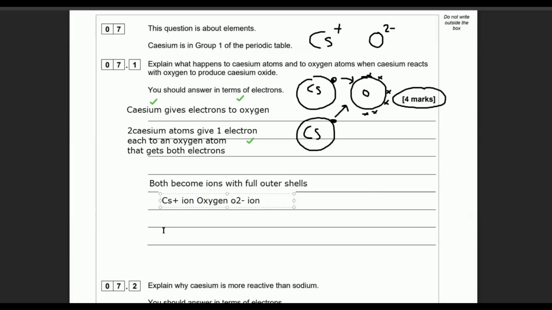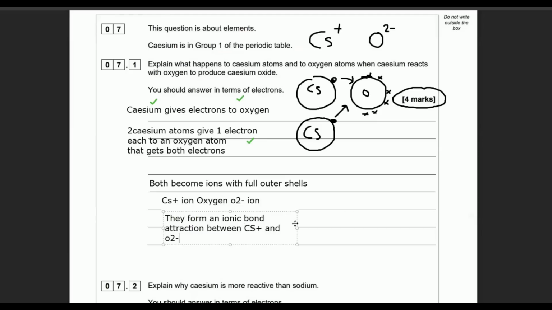So I'm giving you the ionic charges. They form an ionic bond, an attraction between Cs+ and O2-.